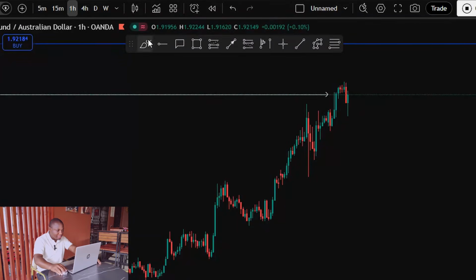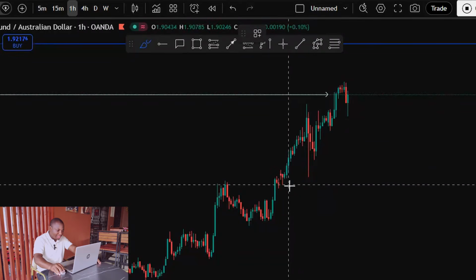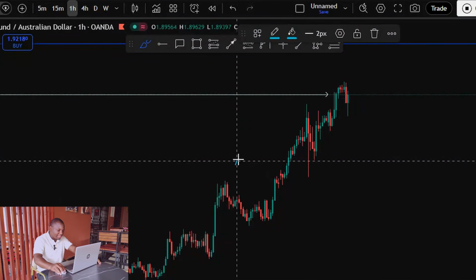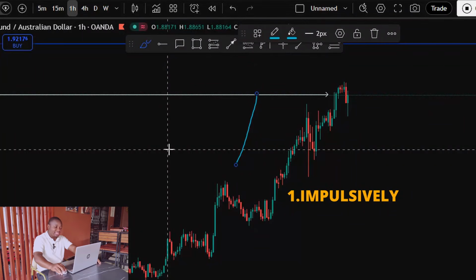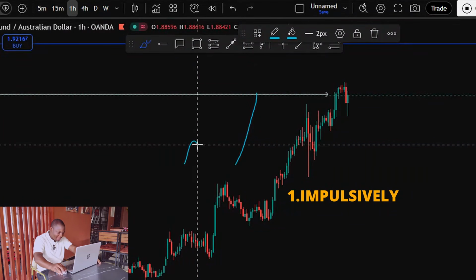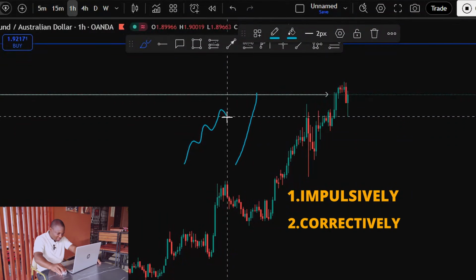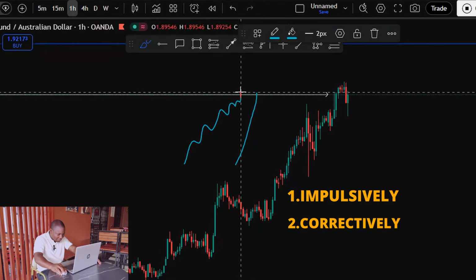You need to understand that there are three ways the market approaches these areas of value. Number one is when the price approaches impulsively toward the area of value. Secondly, when the price approaches correctively toward the area of value.